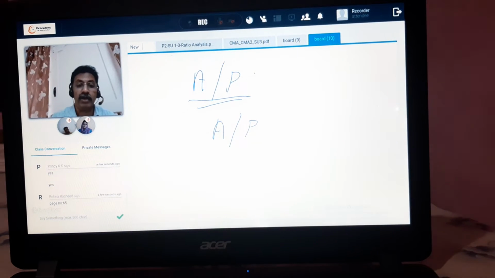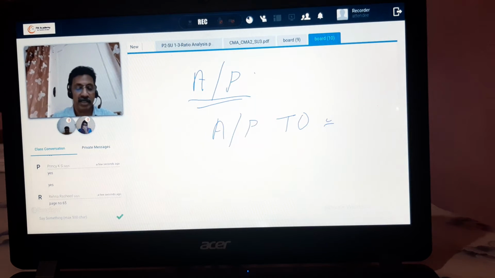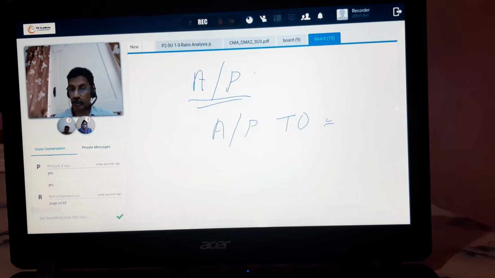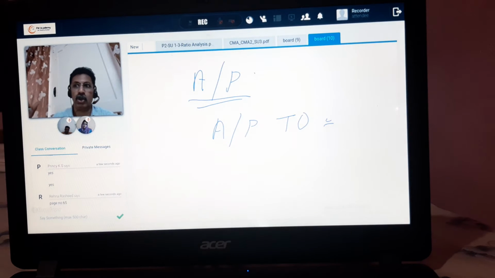So the accounts payable turnover ratio is turnover divided by average accounts payable, and accounts payable is for purchasing goods. The purchases are the same as the cost of goods sold, provided there is no change in the beginning inventory and ending inventory.